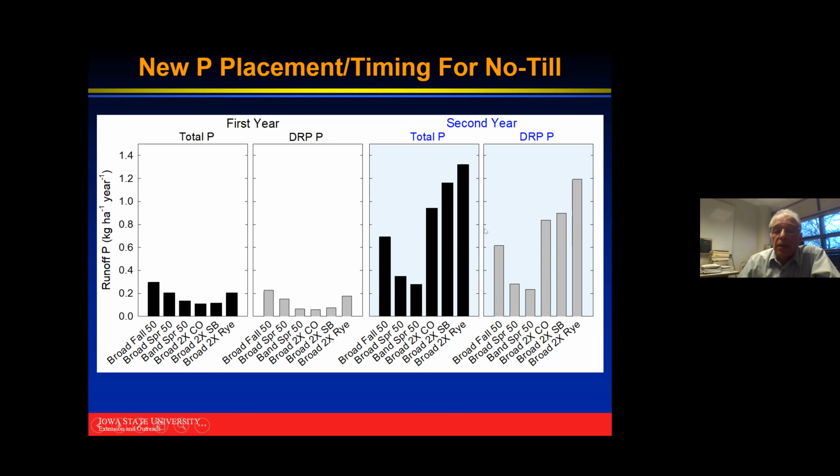And as you can tell, I didn't put the proportion, but the vast majority of the P loss was dissolved P here. So this study seems to support the theory that either banding or the annual broadcast application could reduce some of the losses.